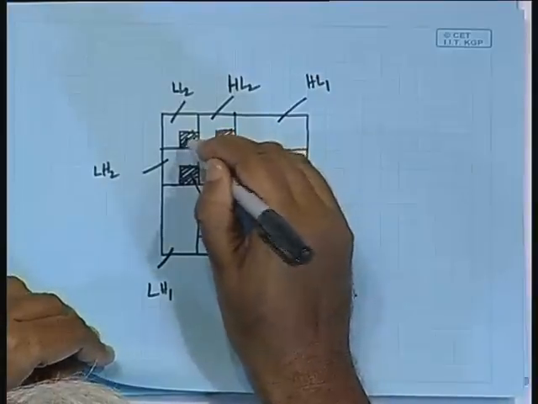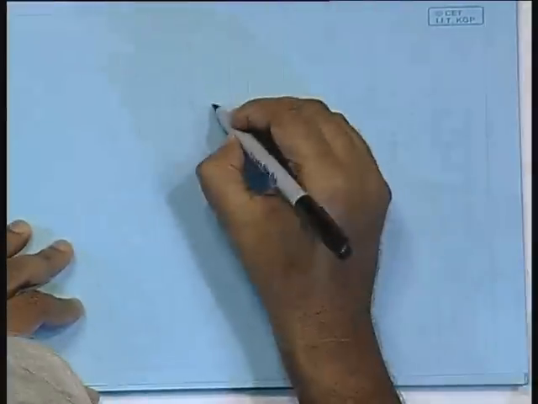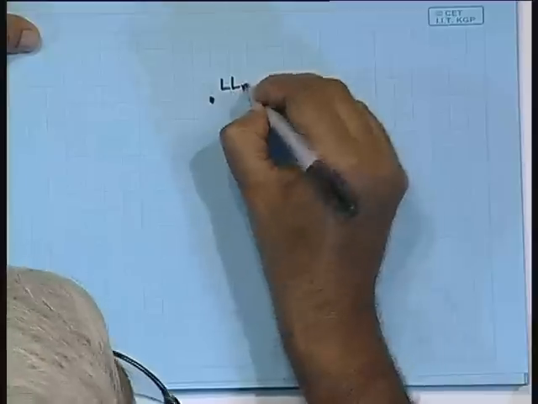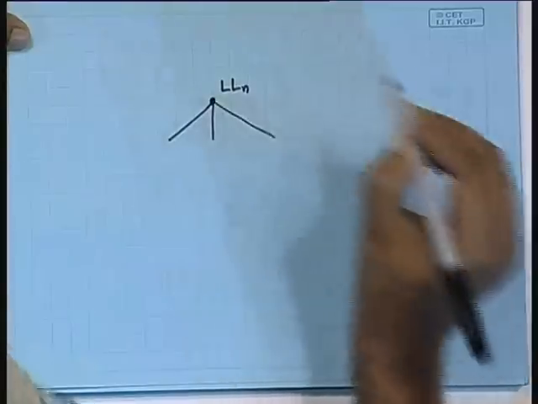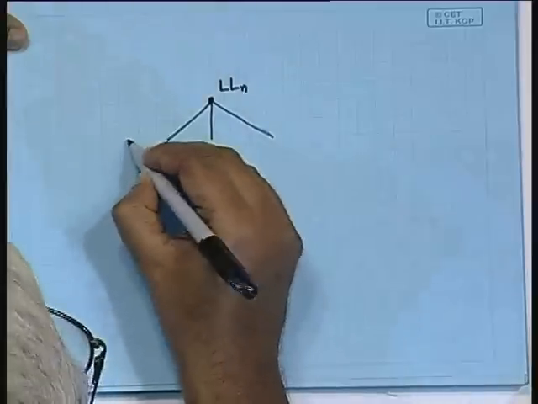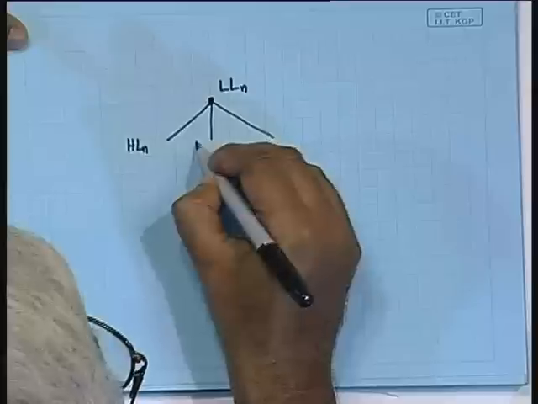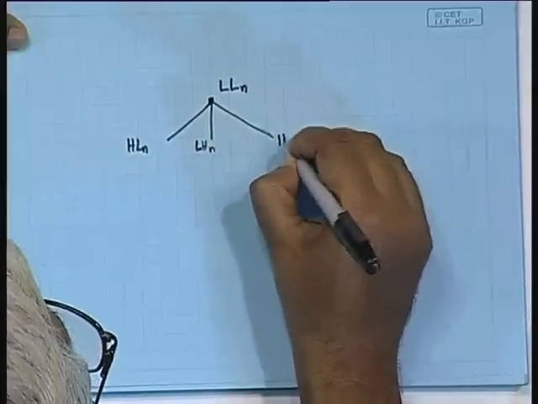Pick up any pixel from the topmost LL subband, let us say this is LLN. LLN will be at the root of this tree, and will have its descendants in HLN, LHN and HHN.